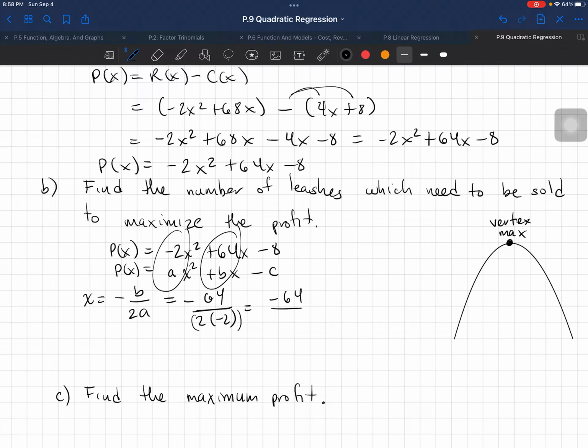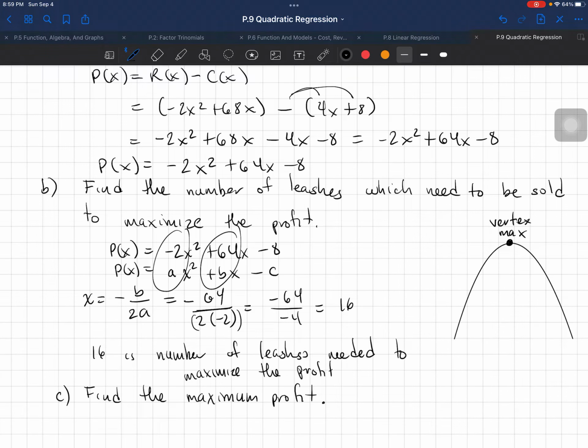But it's negative 64 over negative 4, which gives you positive 16. So 16 is the number of leashes that you need to maximize the profit.